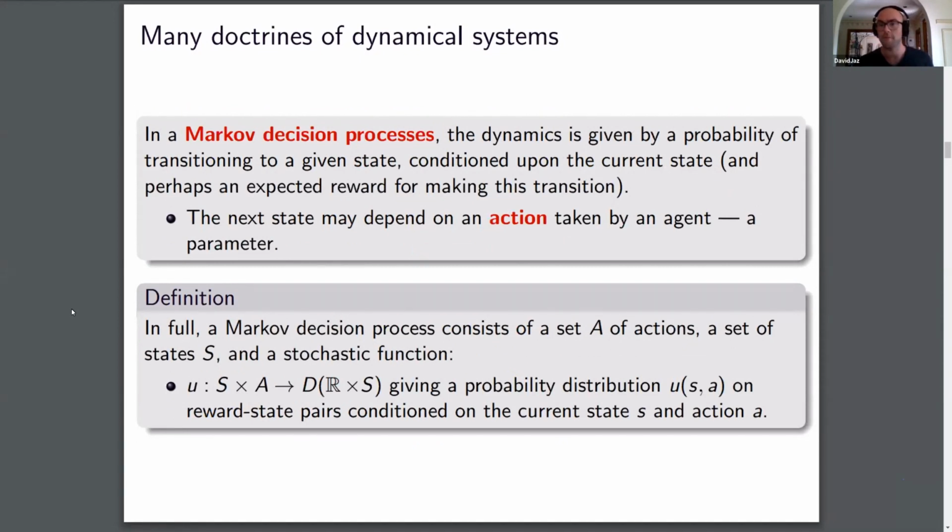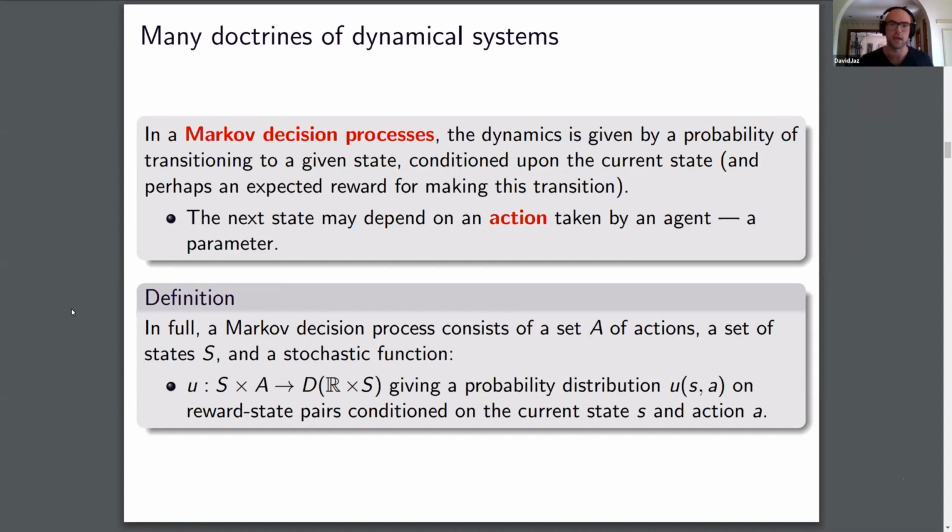We also have Markov decision processes, which are very commonly used, or what one might call a stochastic automaton. The dynamics is given by the probability of transitioning to another state conditioned upon the current state, and maybe some other bits of data, like sometimes an expected reward for making this transition.